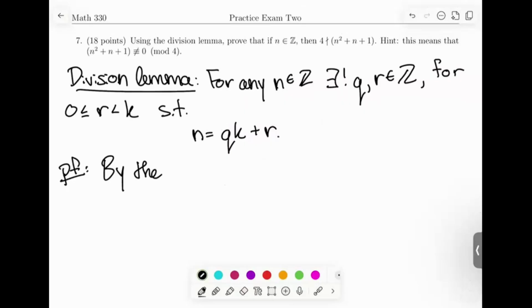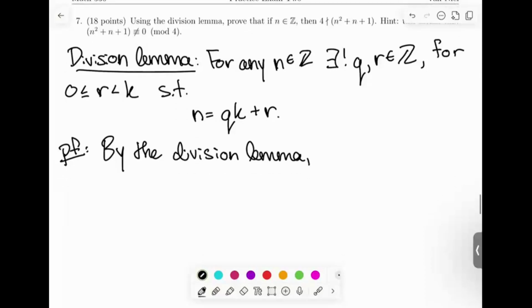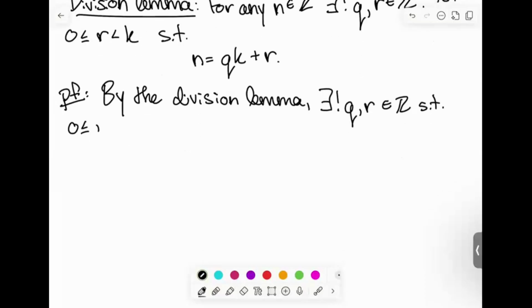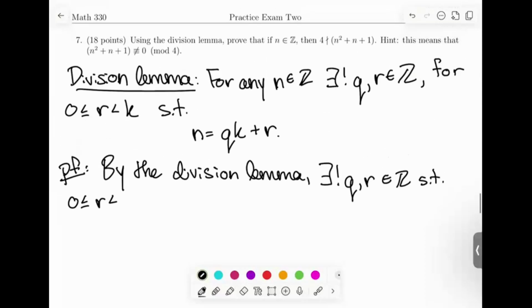By the division lemma, there exist unique integers q and r such that r is between 0 and, who's the character we're trying to divide by? It's 4. Okay, so 4 is our k here.